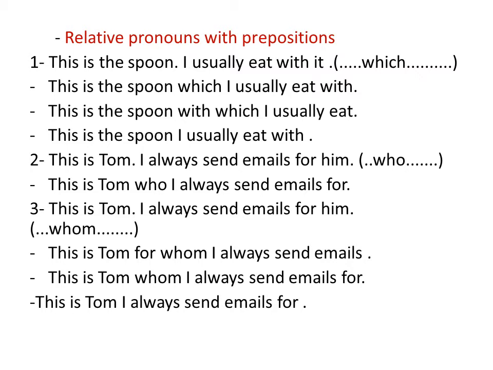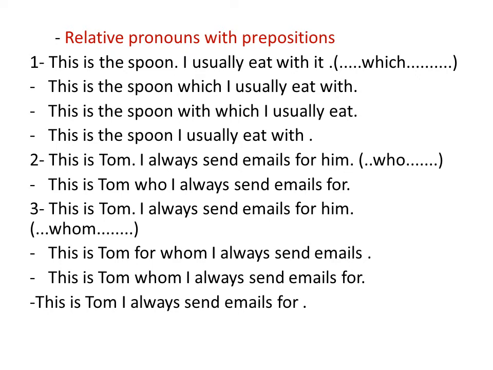Okay, and if we want to omit the relative pronoun here, we can say, this is Tom, I always send emails for. Let me remind you, my dear students, that the only case we can omit the relative pronoun from the sentence is when the repeated noun in the second sentence is an object. Like example number 3: this is Tom, I always send emails for him.